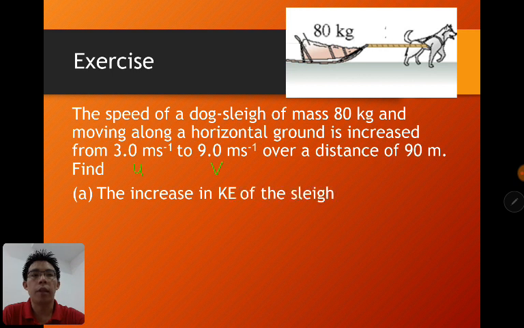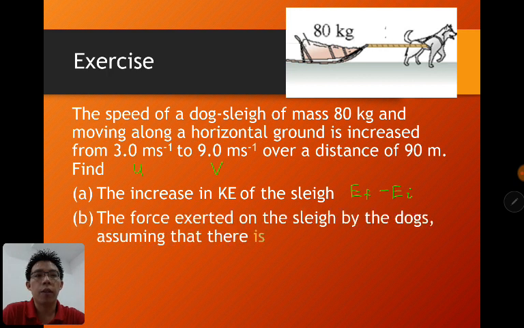Find the increase in kinetic energy of the sleigh. So increase in kinetic energy, very simple, final minus initial. So you sub in half mv squared of 9 meters per second minus half mv squared of 3 meters per second. You should be able to get the answer.